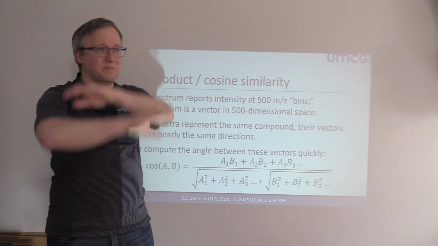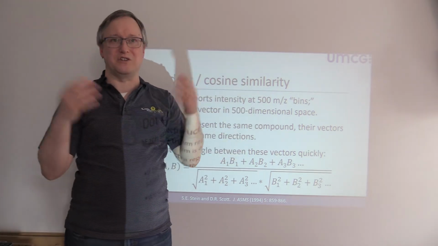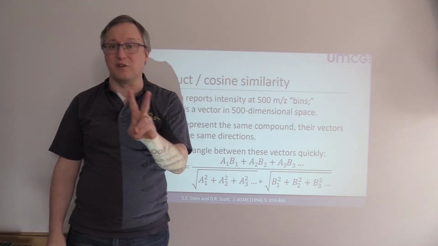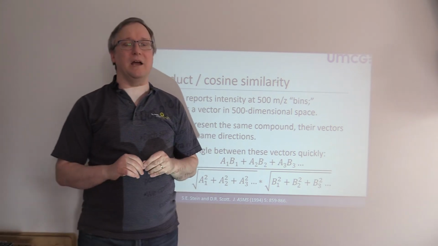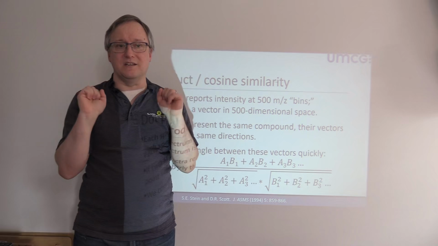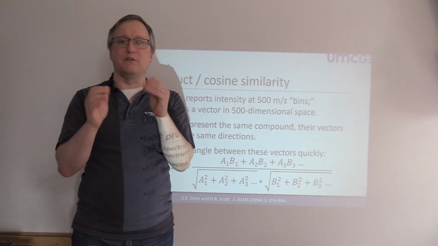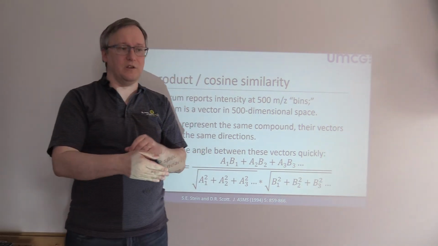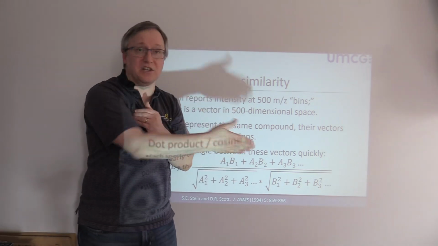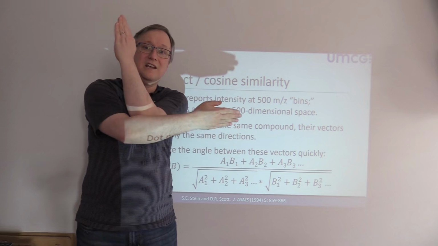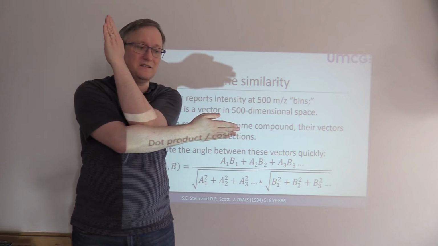All right, so I know I said it was 500 dimensions. We can think of it as just 2 peaks for the moment if that's easiest for you. So imagine that I am only monitoring intensities at 200 and 300. So the peak at 200 becomes the x-axis, the peak at 300 becomes the y-axis.